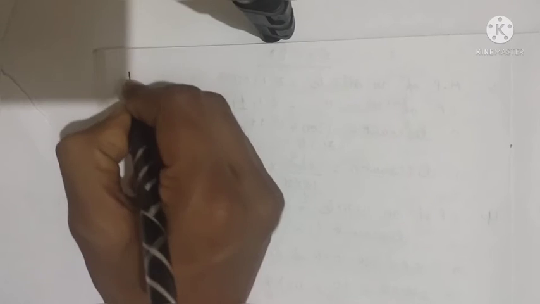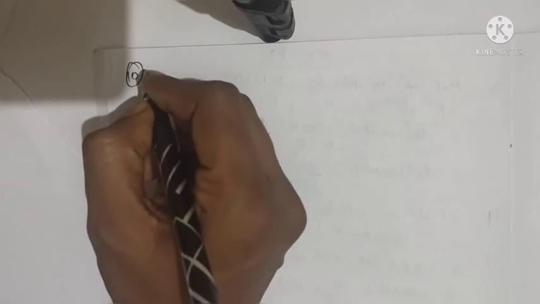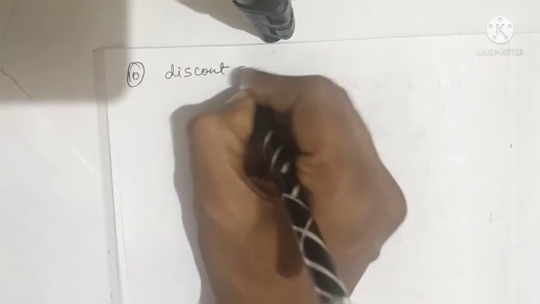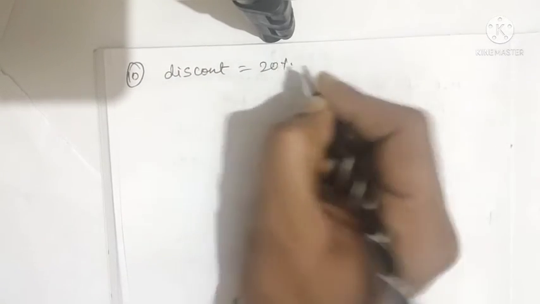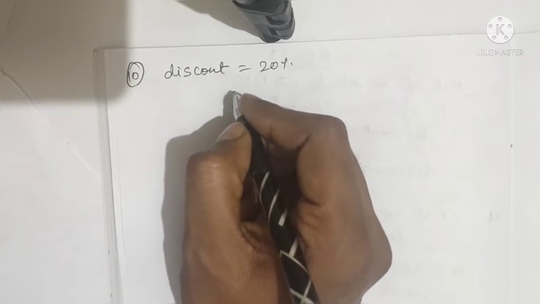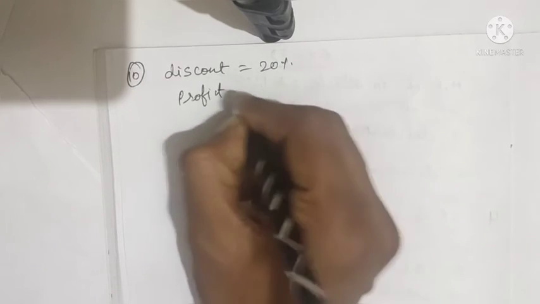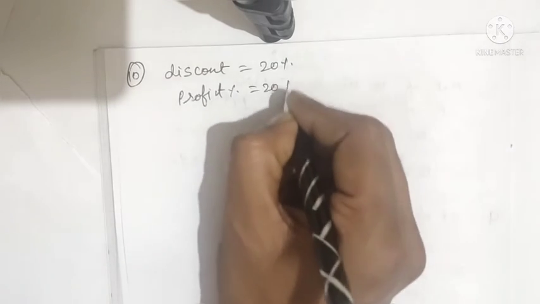Now question number 10. A ready-made garment shop in Delhi allows 20% discount on its garments and makes a profit of 20%. So the discount percent is 20% and profit percent is also 20%.